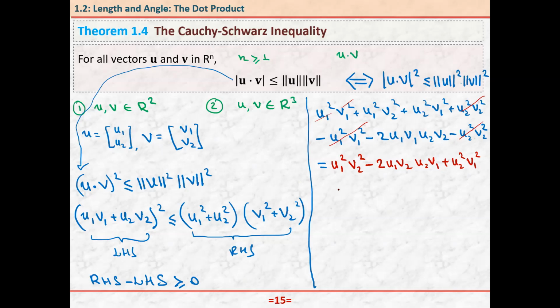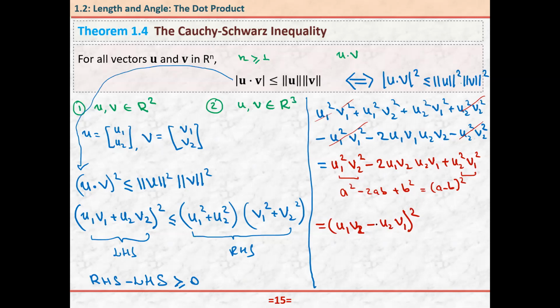If you notice, this is something like a squared minus 2ab plus b squared, which is equal to a minus b squared. It's a perfect square. Here it is exactly the same: if you take u1 v2 as a and u2 v1 as b, I can write this as u1 v2 minus u2 v1, squared.